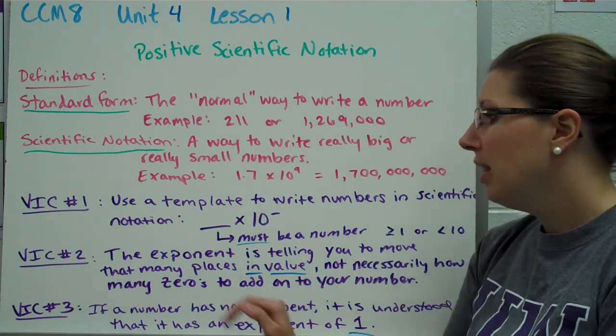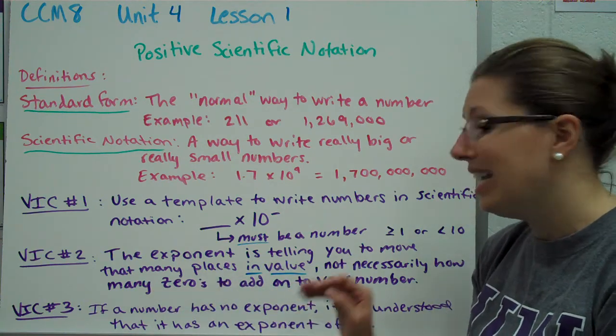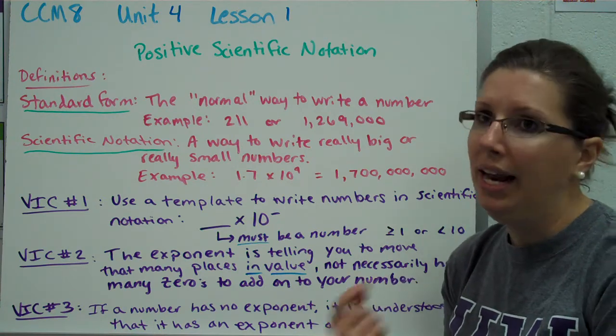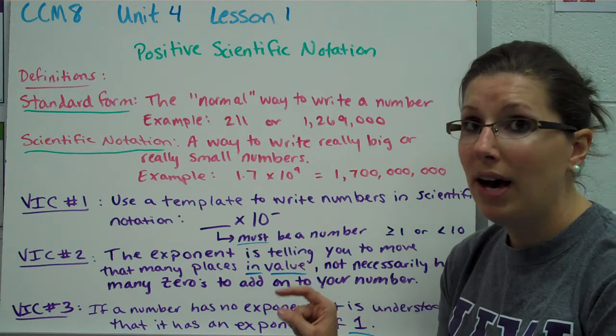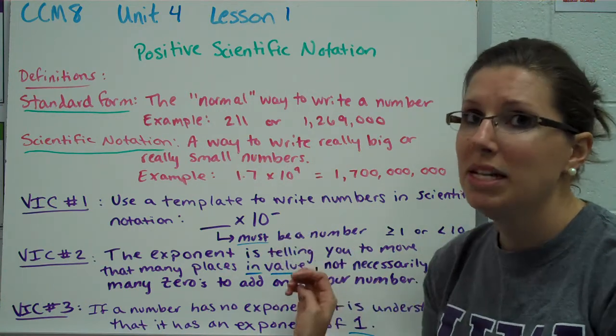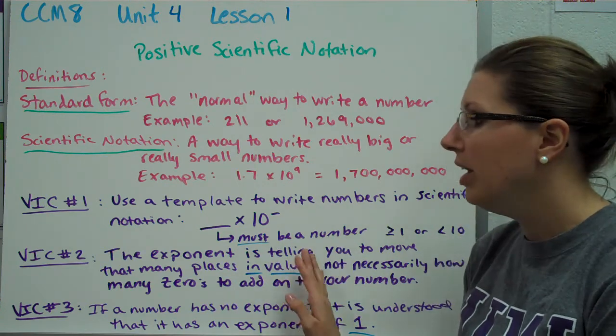Vic number 2, the exponent is telling you to move that many places in value, not necessarily how many zeros to add. I think that's a big misconception. You're moving in place value. Just because it says this exponent is 10 doesn't mean you just add 10 zeros to the end of your number. So be very careful about that.